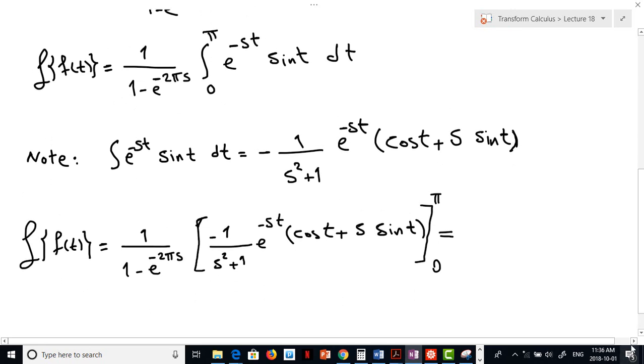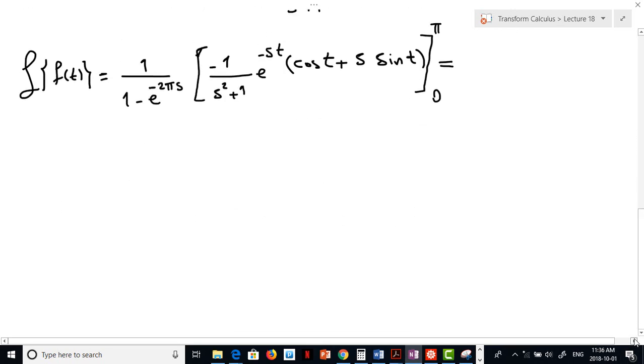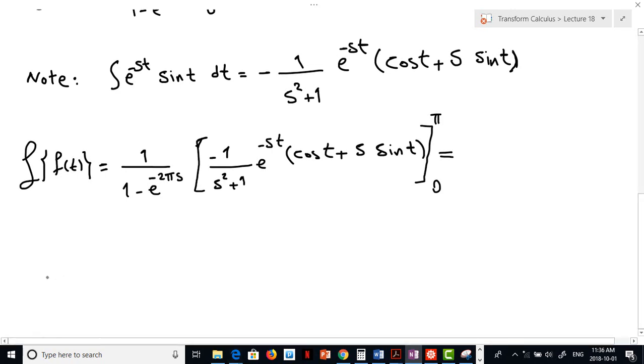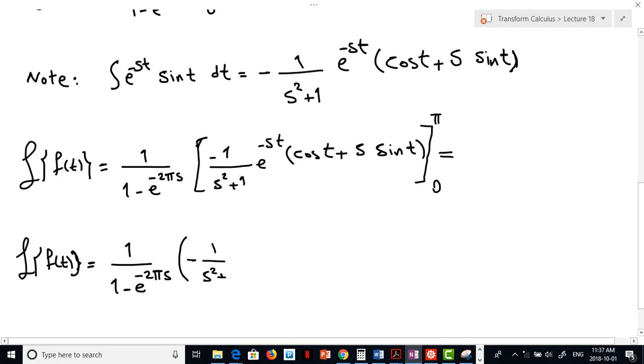I have to apply the lower limit and upper limit. Let me just factor out minus 1 over s squared plus 1. Then I apply the lower limit and upper limit.